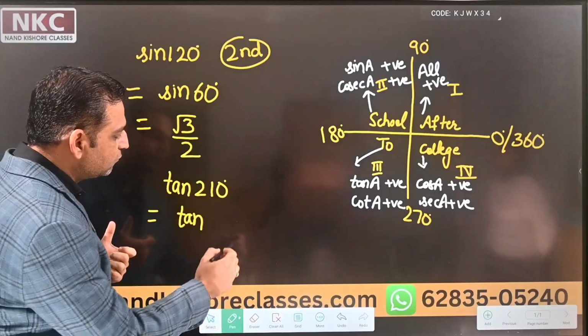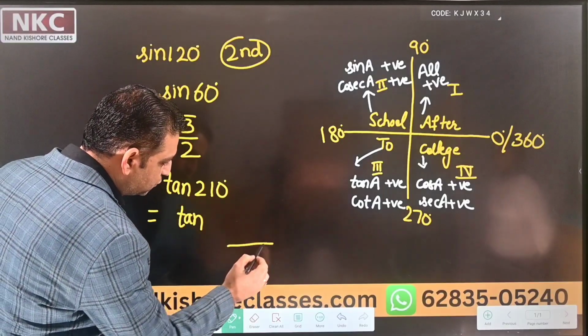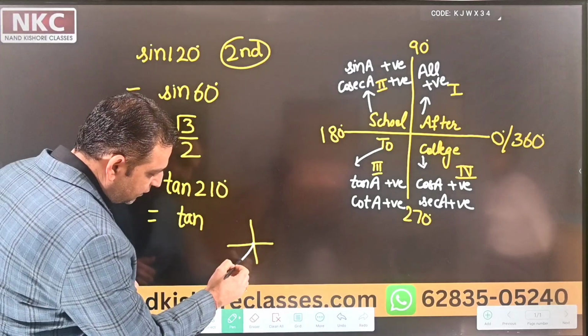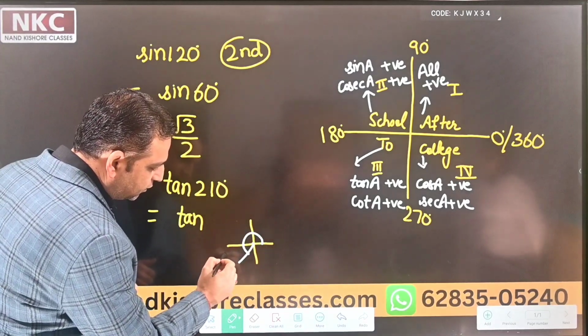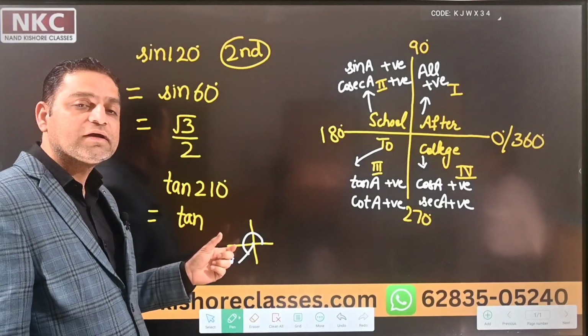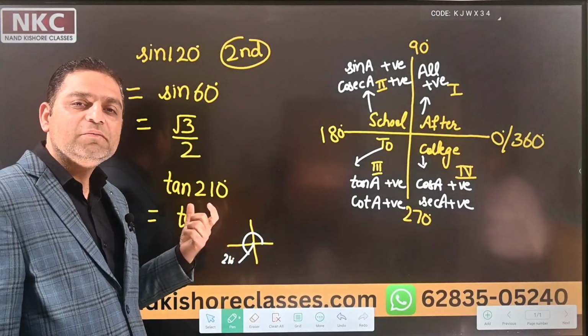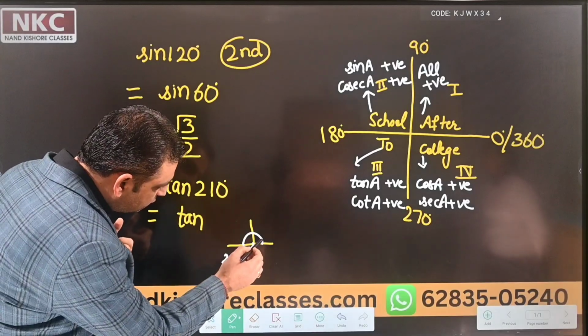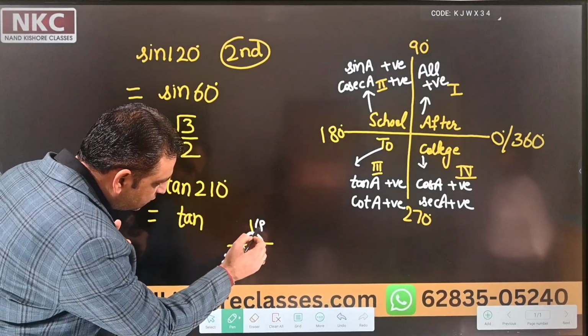Now the reference angle for 210 degree, if I show you, let's suppose this is where my line will be if it is a 210 degree angle, right? And I told you that the reference angle is the angle made by my line closer to the x-axis. See, this much, 180, is covered.